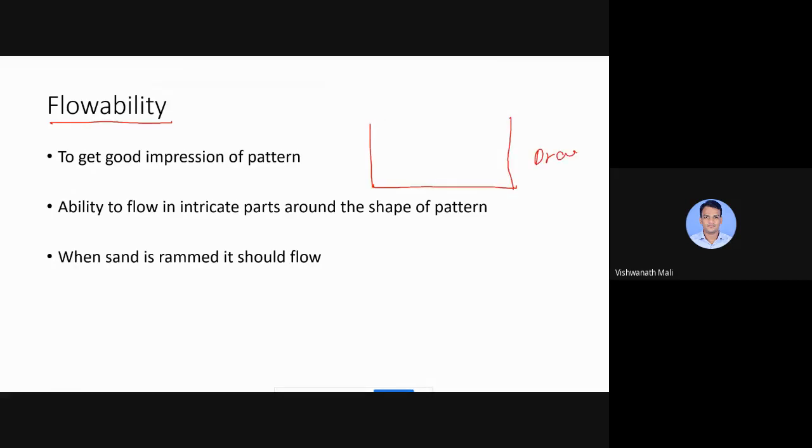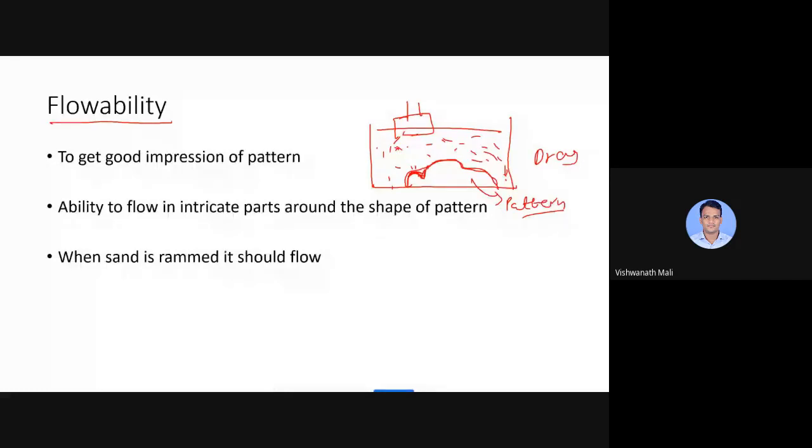Suppose this is the drag, and we have kept this complicated shape of pattern. If this pattern has a very complicated shape, any shape, then when we pour the molding sand on this and ram it, this sand should flow throughout around this pattern.